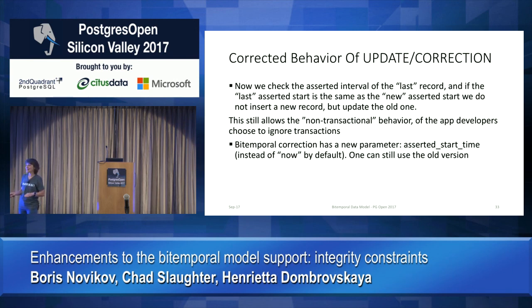Because now I'm giving them the right to pass explicitly the time when this value is going to be asserted. If you do not want to use transactional time, if you do not want to use now, you can use clock time, and then you will be transactionally inconsistent and you record everything.